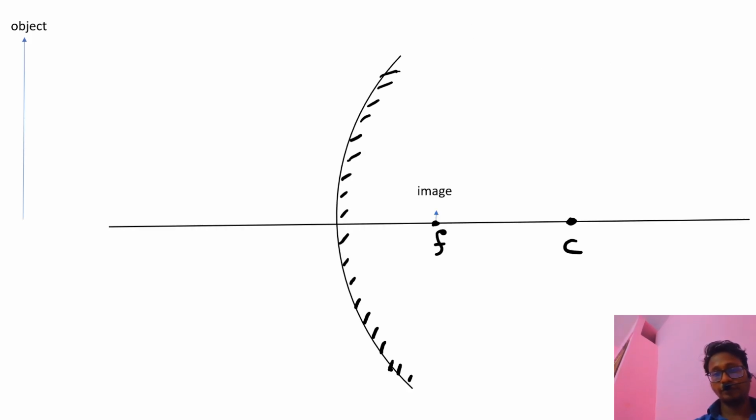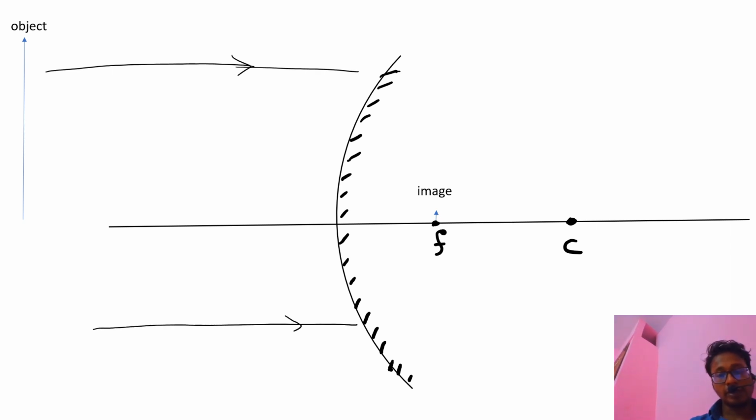See, suppose the object is at infinity. That means when I'm making the object very large, parallel rays of light are incident on the mirror, and after reflection what happens?